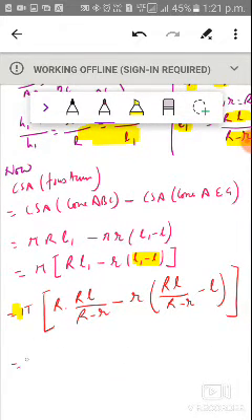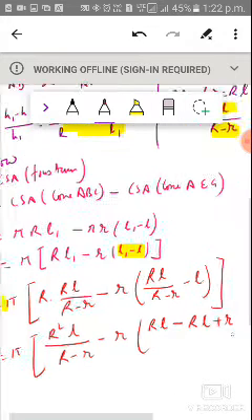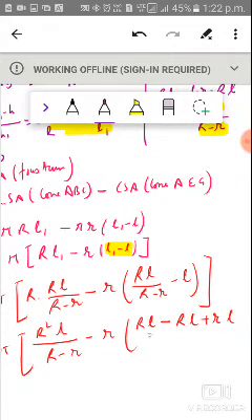So that is pi R square L by R minus r, minus r into RL by R minus r, and we'll take LCM here, so it will be R square L minus r R L by R minus r.